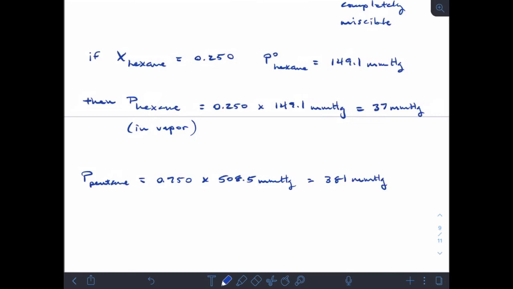So if I want to know what is the vapor pressure of the total, so the total vapor pressure, or we can say P of the mixture, (37 plus 381) is 418 millimeters of mercury.